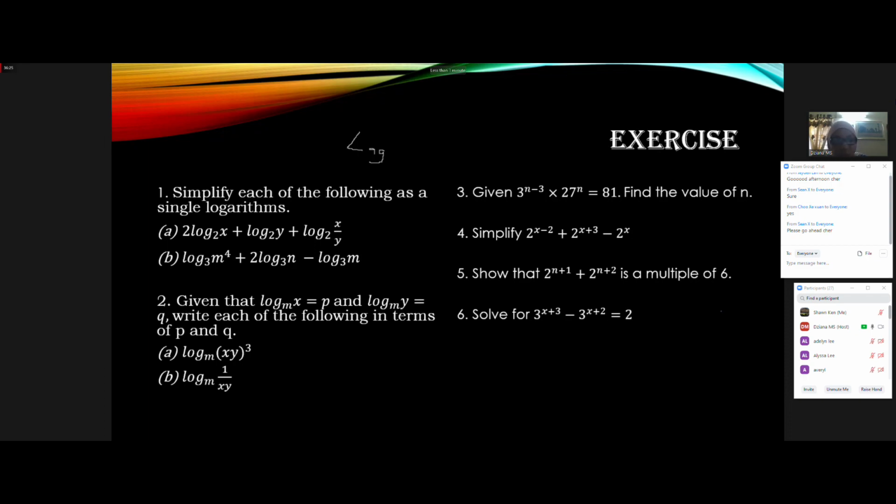Someone give me the answer. Log base 3 m cubed n squared. Correct. Very good. Okay, you have questions 2, 3, 4, 5, and 6 to do.